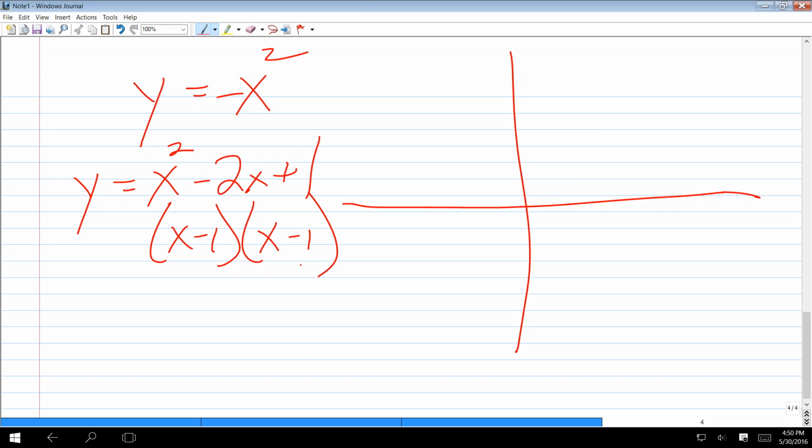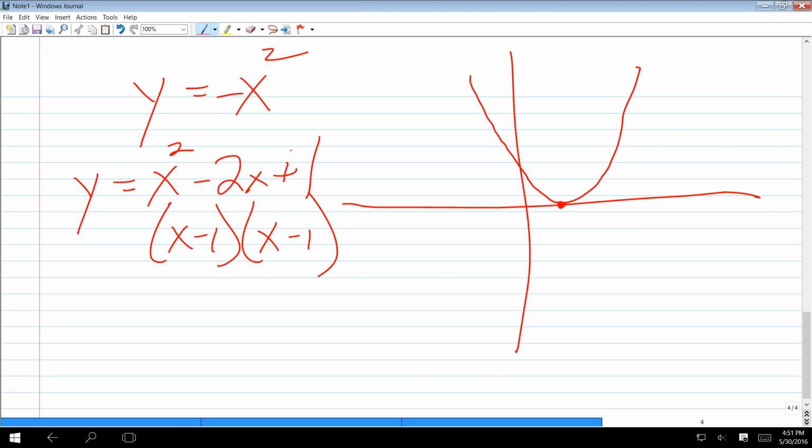So I can tell that when x is 1, y is 0. So it has to look like this. And not that it's always that easy to graph a parabola, it isn't. This one I made up such that it was 2 factors that were the same.